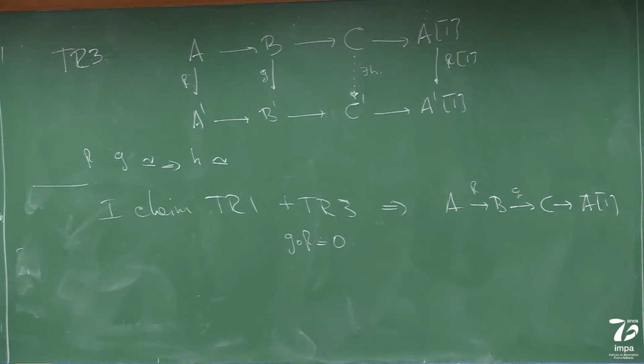So what we need to do is cook up another triangle where I have a map from A to C, which is the composition of F with G, and then in a different way, that is 0.